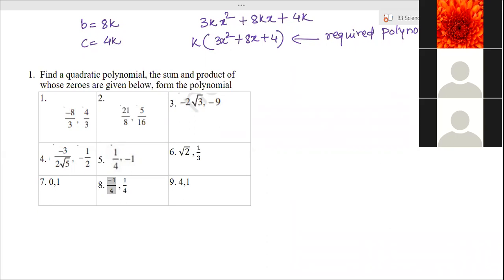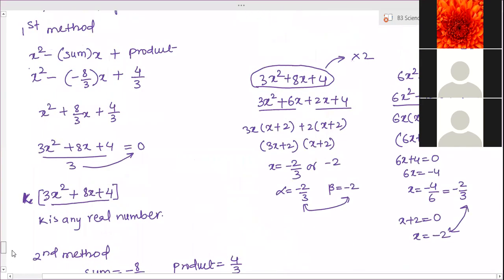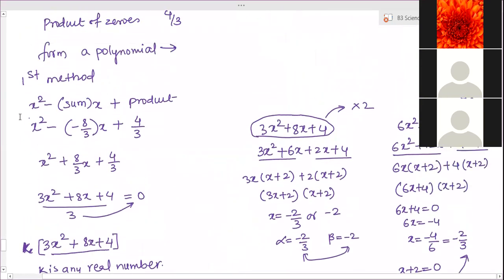Ritvik, you know this? Should I explain? Yes, ma'am. So your sum of the zeros and product of the zeros will be given, and you have to form the polynomial. For forming a polynomial, it is x square minus sum of the zeros into x plus product of the zeros. This is the format of the polynomial.